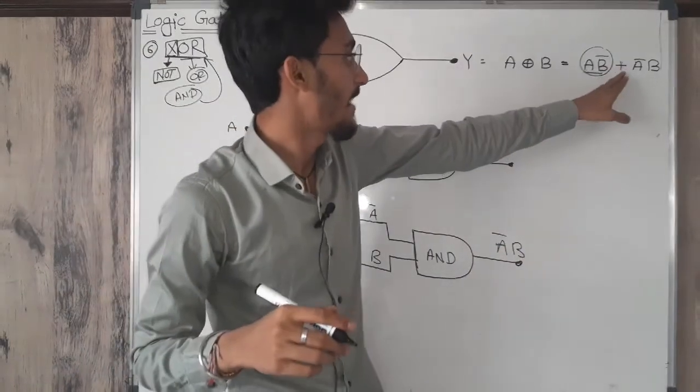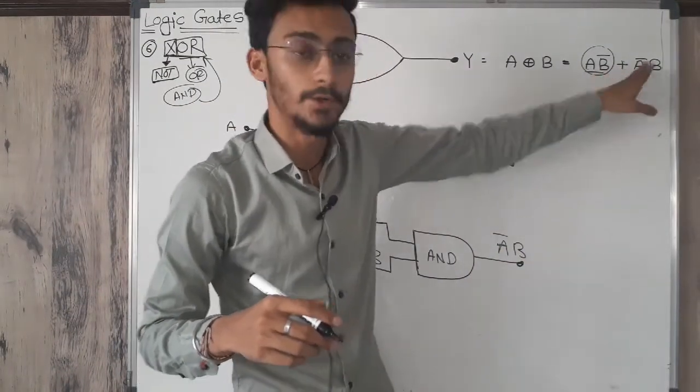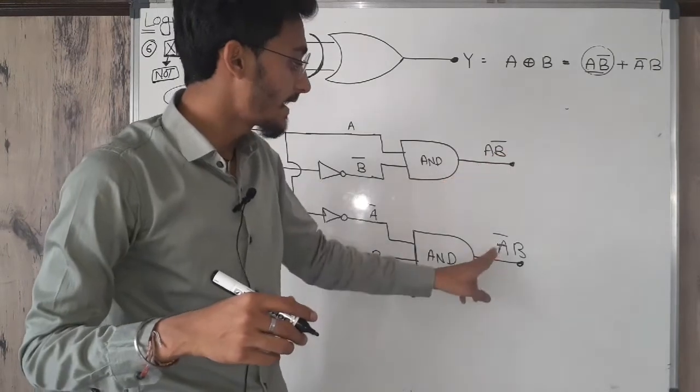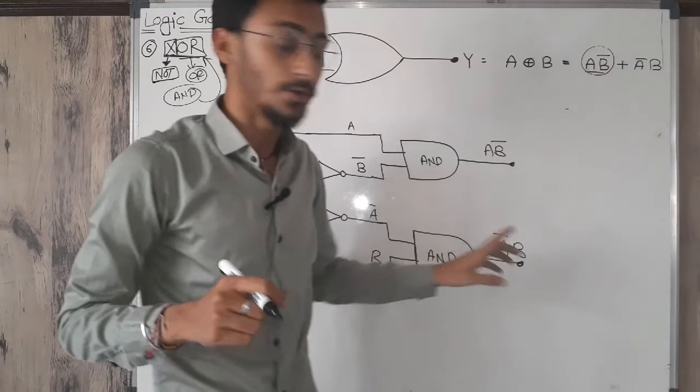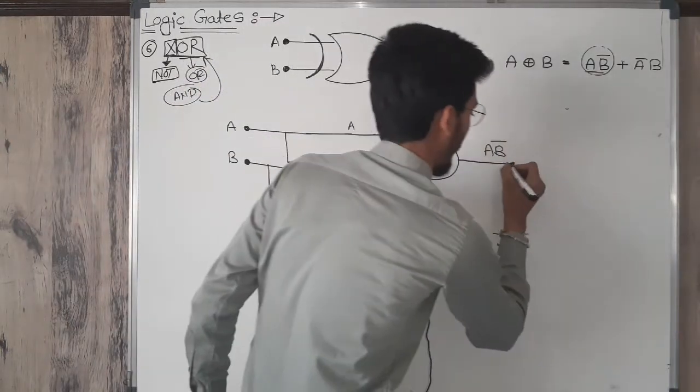Okay. Now we have a plus sign between both inputs. So we have the inputs AB bar and A bar B. Now we need a plus sign between both inputs, so we use an OR gate.